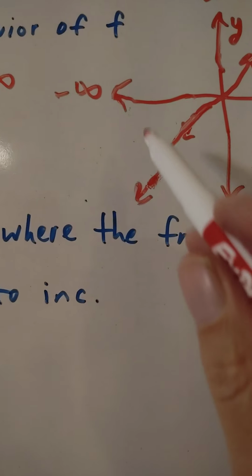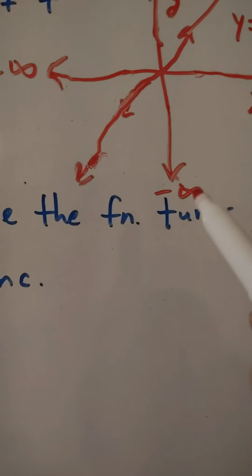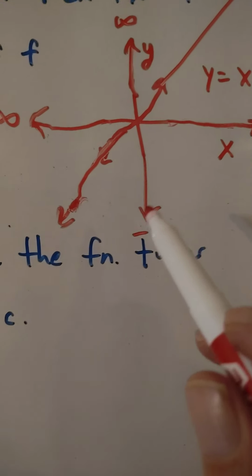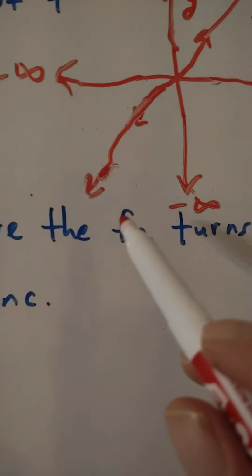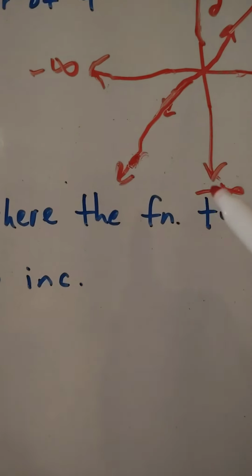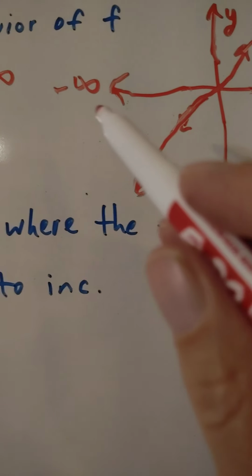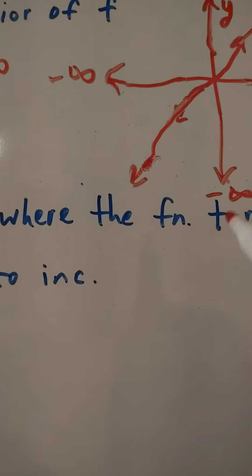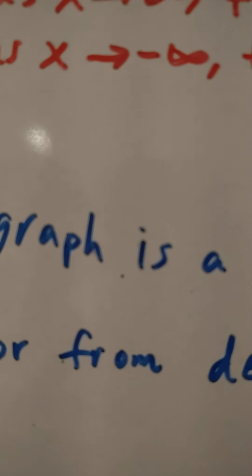Isn't the x-coordinate going to be like negative 400? And the y-coordinate would be negative 400 cubed, which is a big negative number. So can you see how the y-coordinates are going toward negative infinity? As x goes to negative infinity, the y-coordinates are going toward negative infinity. So I'm going to put negative infinity right here.